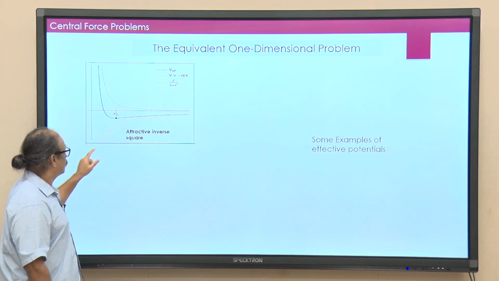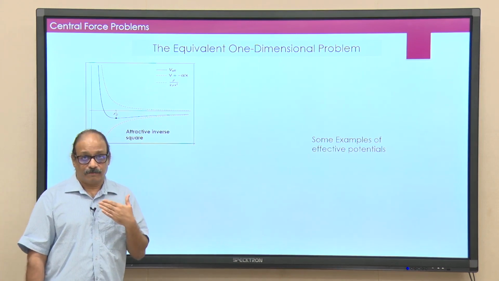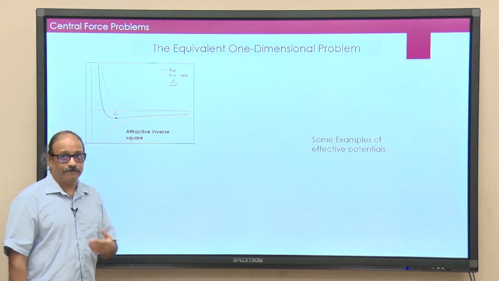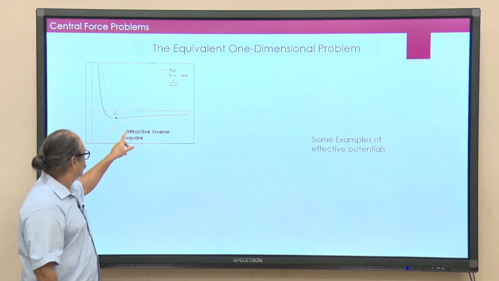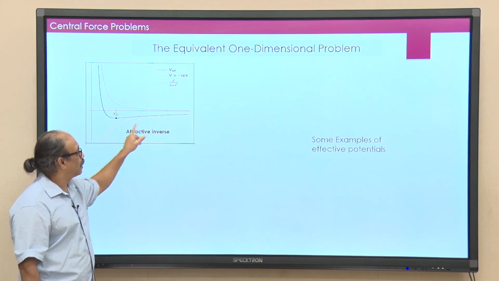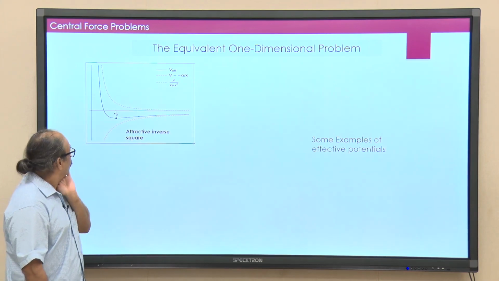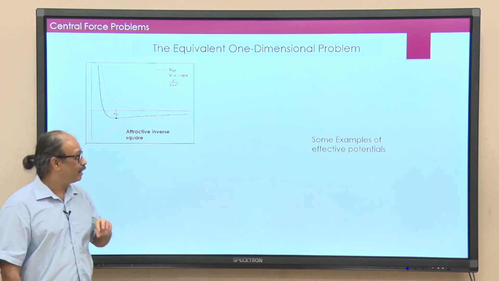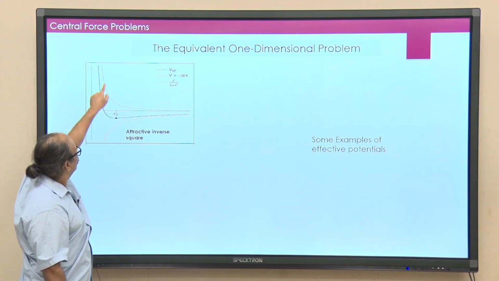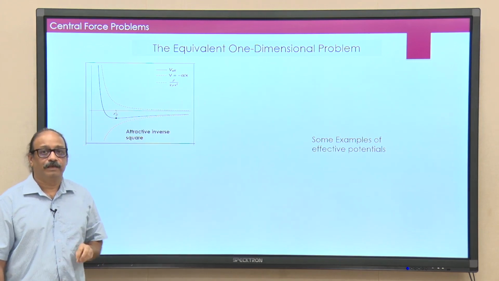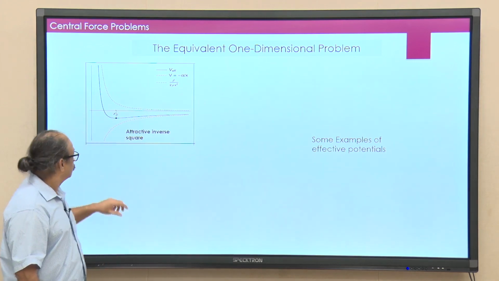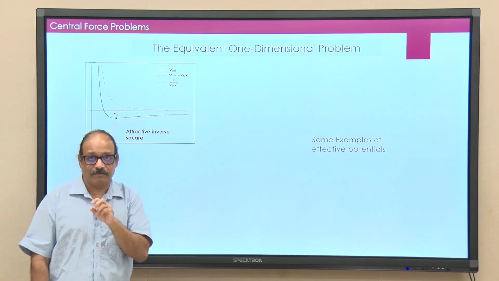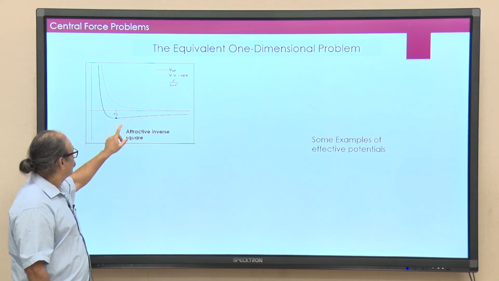So, orange line shows the 1 over r potential, and because it is attractive, there is a minus sign. So, it is minus 1 over r. And in V effective, the second term L square by m r square, I have plotted here using the green line.